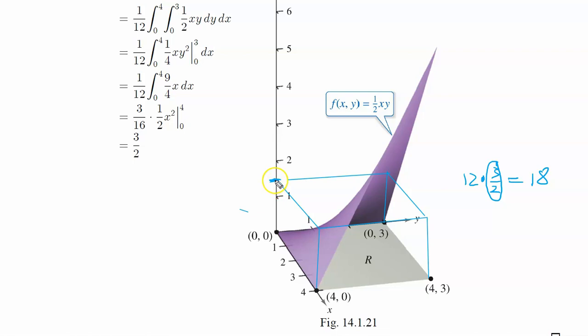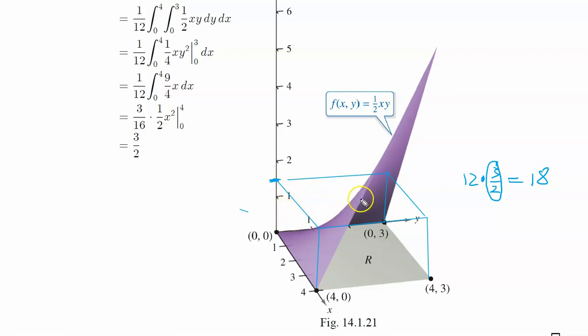It's the height that you need so that the volume of this box is the same as the volume of the solid that lies underneath this surface and above the region R. Okay, so that's what your average value is.